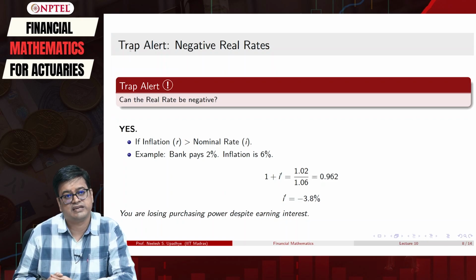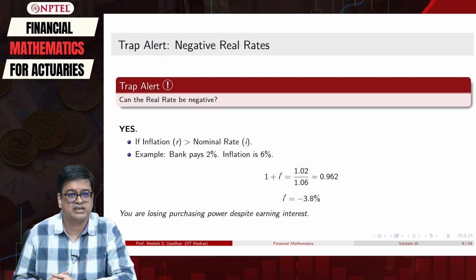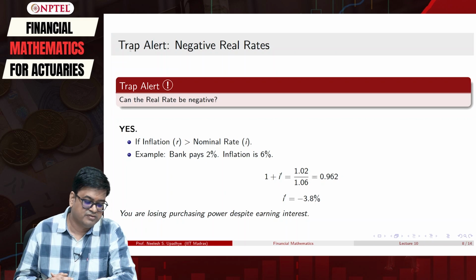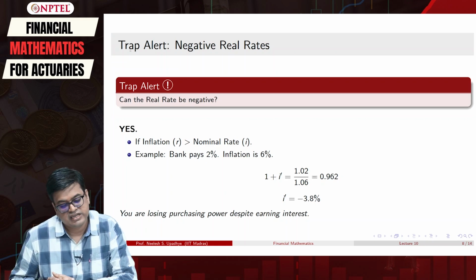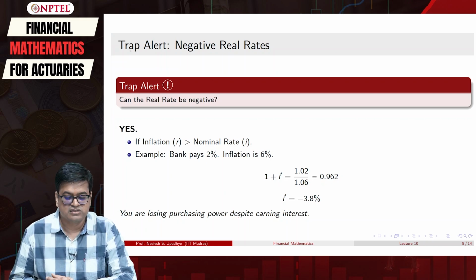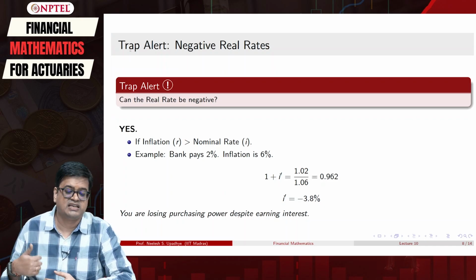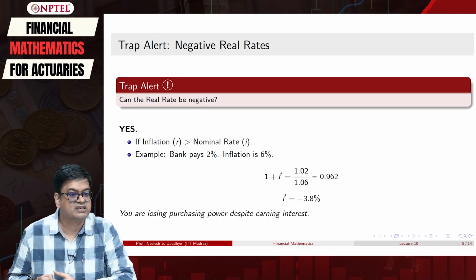If inflation rate is bigger than the nominal rate, then your real interest rate can be negative, and it is shown by this example where the bank pays 2%, inflation is 6%. So, 1 plus i prime is actually a number which is lesser than 1, and which will give me i prime equal to minus 3.8%.